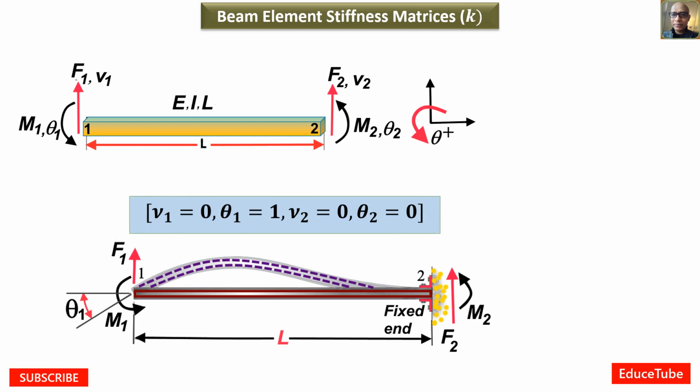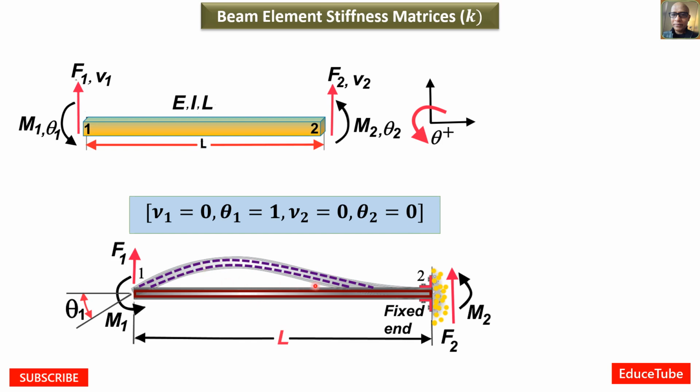Here, to get the second column of the stiffness matrix, we have to set the forces and moments corresponding to the following displacement and rotation. So what is that? This rotation theta 1 is 1, all others are 0.